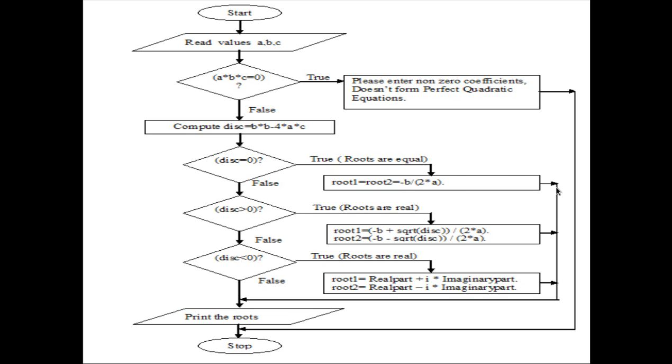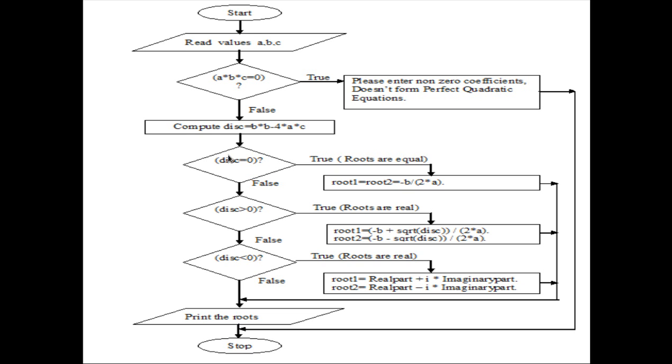After it computes, it comes out and prints the roots. Remember one thing: at any one point of time the discriminant might be 0, greater than 0, or less than 0. It cannot be all three at a time.